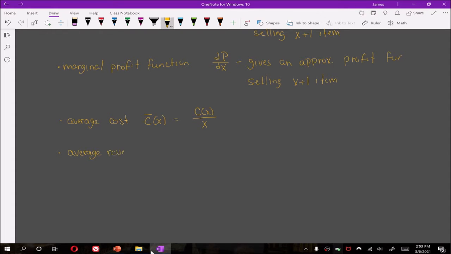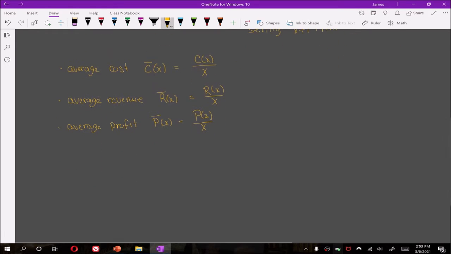Average revenue, which is represented as R bar of x, is just revenue divided by x. And average profit, represented P bar of x, is just profit over x.